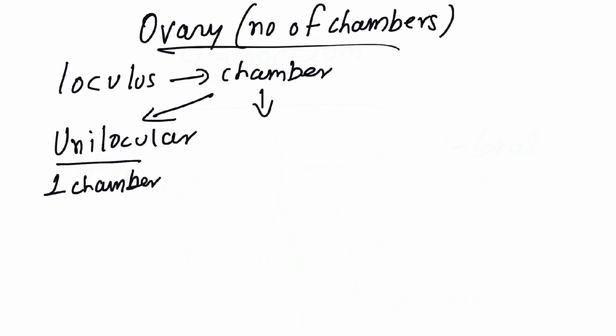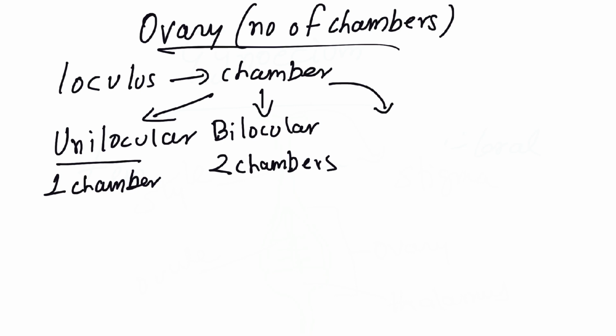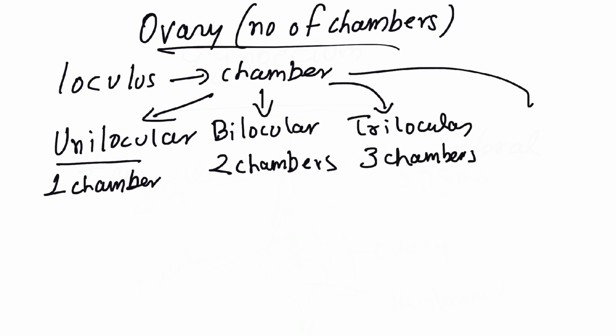The wording itself indicates the key point, that it's a single chamber. Going on to more than one chamber, that's bilocular, of course two chambers. Trilocular, three chambers. Then we have tetralocular. Of course, tetra means four, so four chambers.